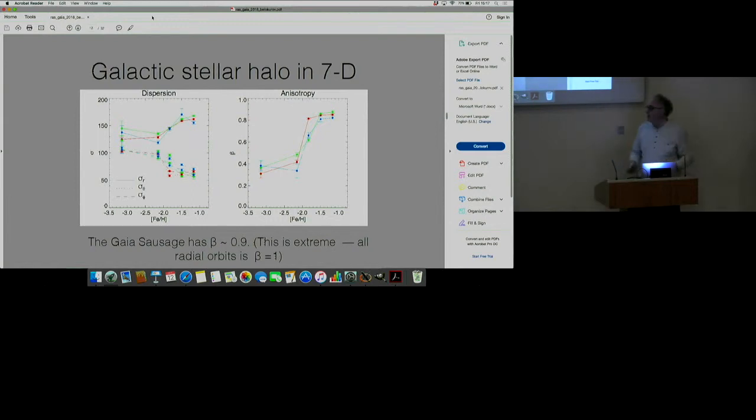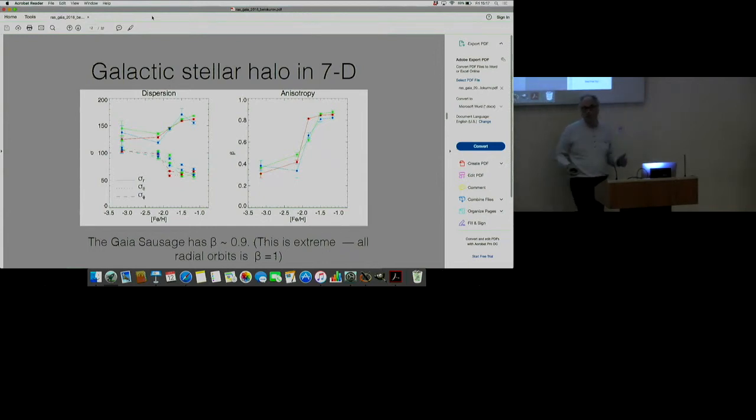And so I can formalize this by plotting either the velocity dispersions as a function of metallicity or the anisotropy parameter that I just introduced as a function of metallicity. And this is done here for different heights above the galactic plane, but you see the self-same story. We move from the land of the meatball very sharply to the land of the sausage. The anisotropy parameter can only reach beta equals 1.